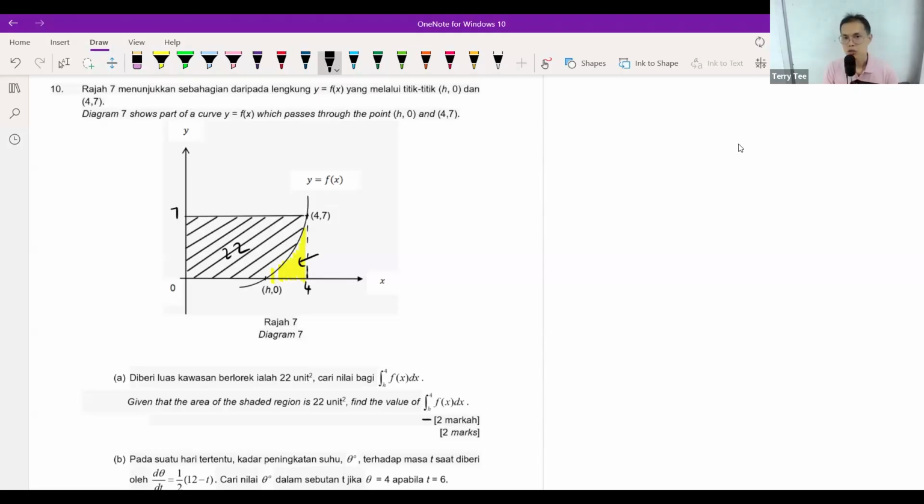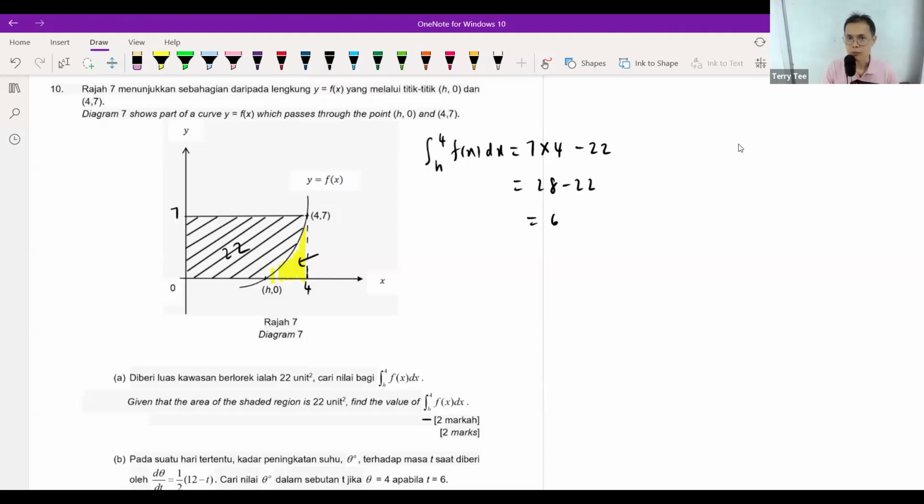So we can straight away say your integration from h to 4 of function f(x) dx is your rectangle 7 times 4 minus 22. Your shaded part here is 22. 7 times 4 is 28. 28 minus 22. Answer is 6. Yeah, very simple. All right.